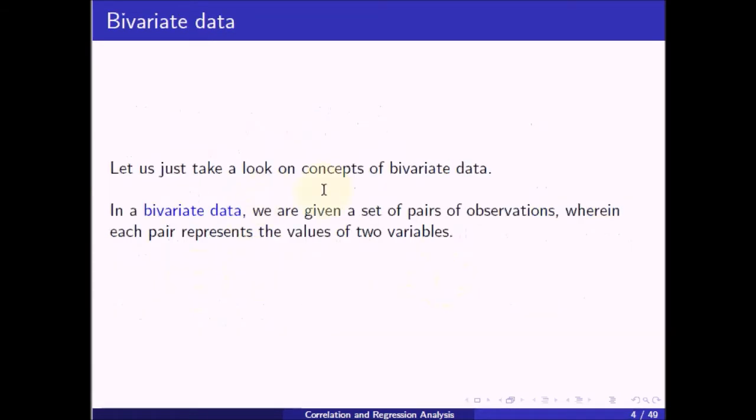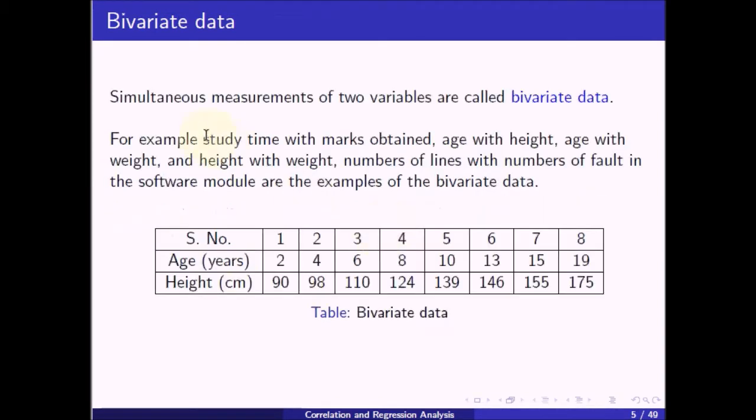Let us take a look at the concept of bivariate data. In bivariate data, we are given a set of pairs of observations wherein each pair represents the values of two variables. Simultaneous measures of two variables are called bivariate data. For example, study time with marks obtained, age with height, age with weight, height with weight, number of lines with the number of faults in a software module are examples of bivariate data.